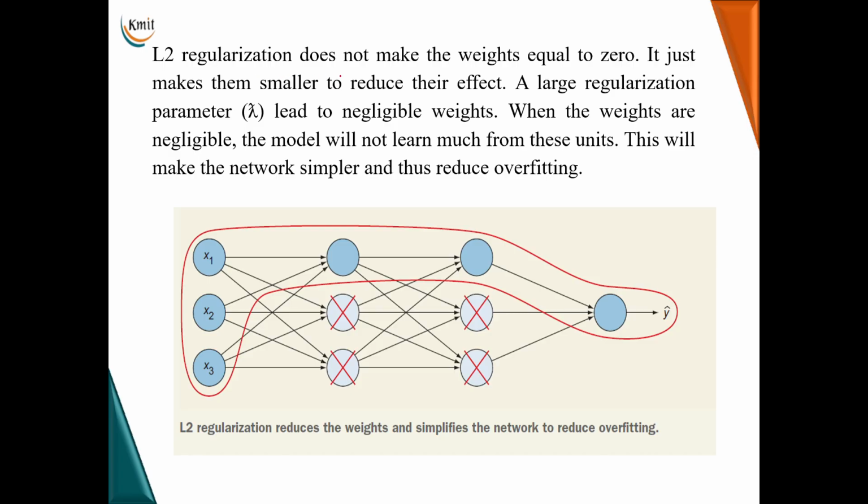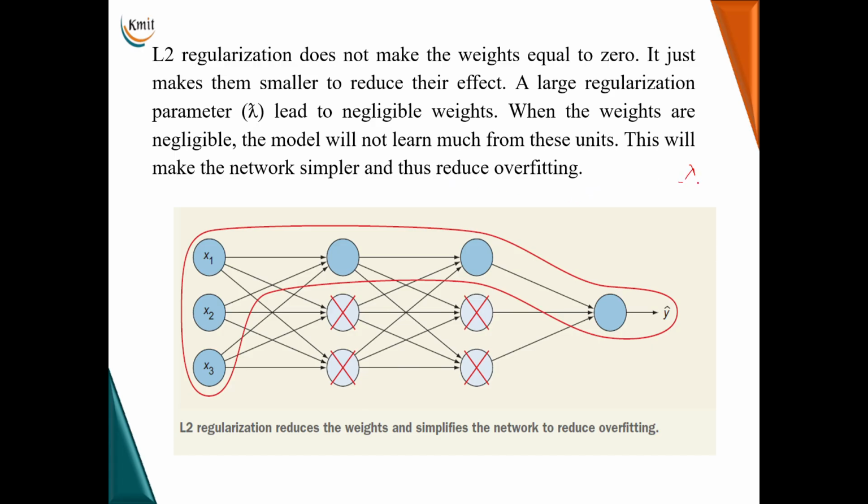L2 regularization does not make the weights equal to 0. It just makes them smaller to reduce their effect. A large regularization parameter lambda will lead to negligible weights. When the weights are negligible, the model will not learn much from these units. This will make the network simpler and thus reduce overfitting. Why?